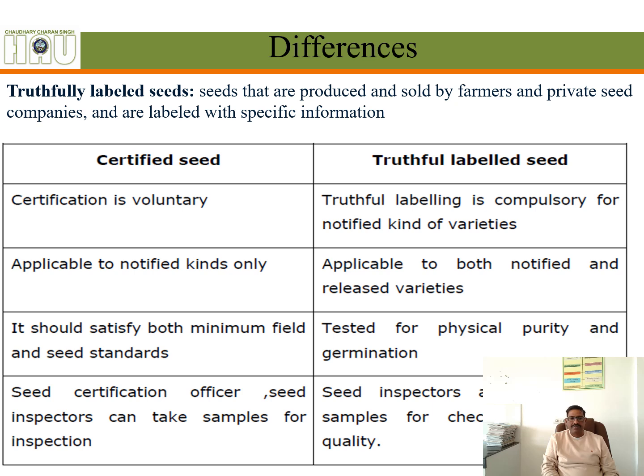Certified seed must meet both minimum field and seed standards, while TFL seed is tested for physical purity, genetic purity, and germination. In certified seed, the seed certification officer and seed inspector can take samples for inspection, while in TFL seed the inspector alone can take the samples.